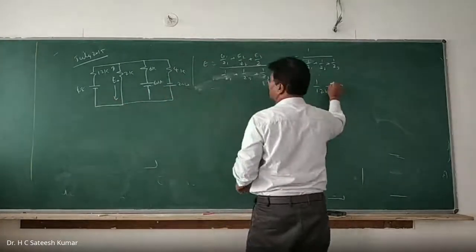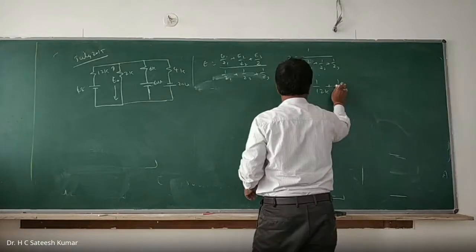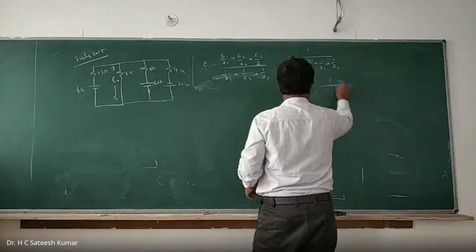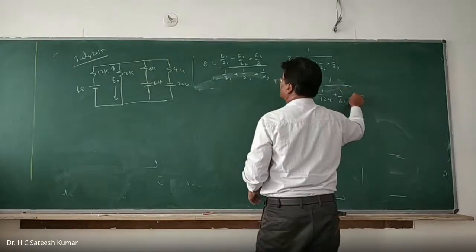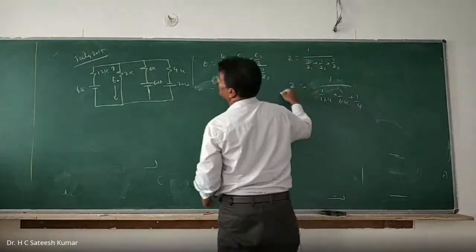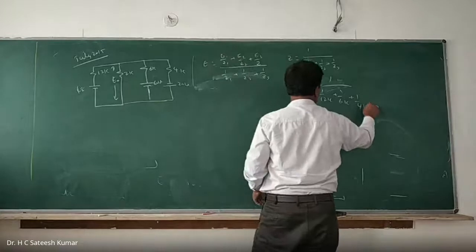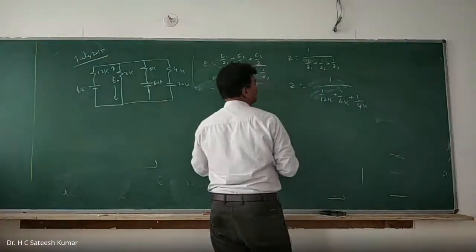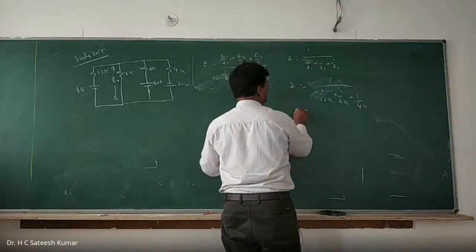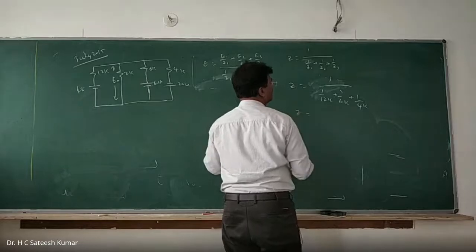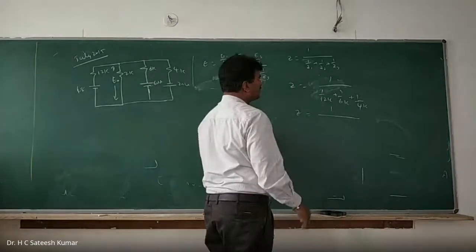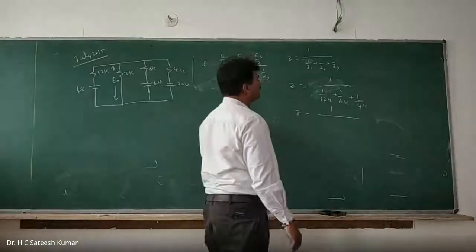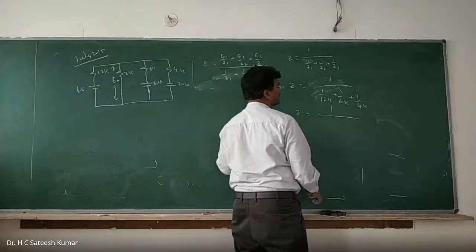Z is 1 divided by 1 by 12K plus 1 by 6K plus 1 by 4K. 2K is load. Okay, right? Now, Z is equal to what? You can take 1 divided by 1 by 12K plus 1 by 6K plus 1 by 4K.